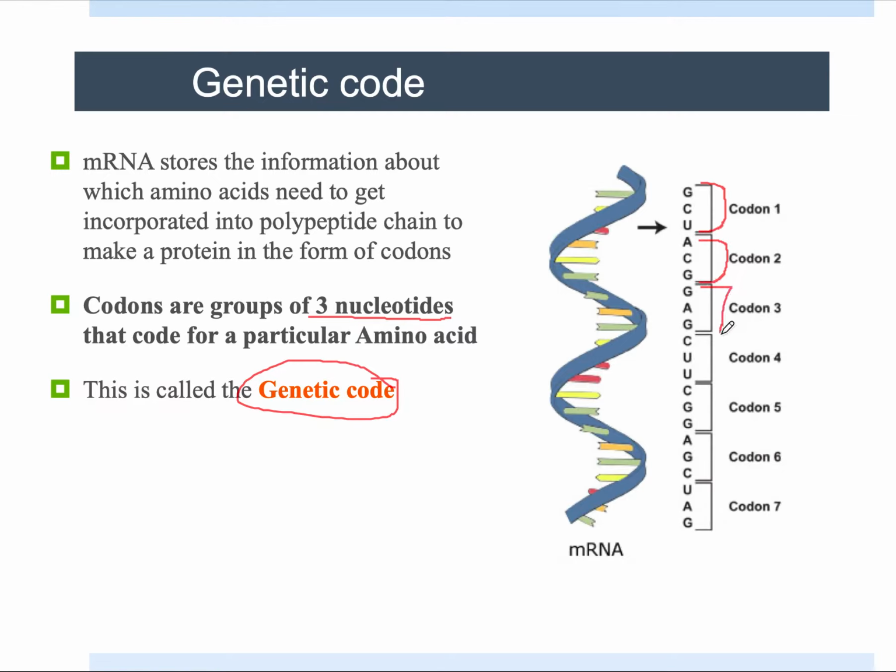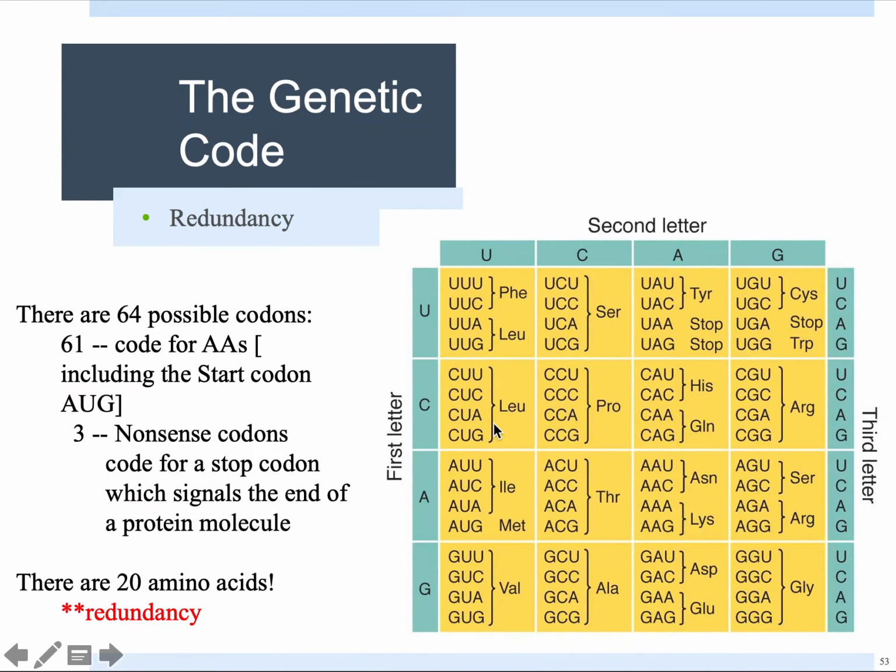And these 3 nucleotides are called codons. And if every 3 is coding for a particular amino acid, then we can actually come up with a code. We know what each of them will code for. And that is what we call the genetic code.